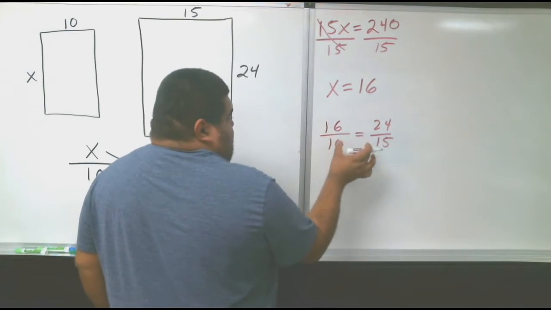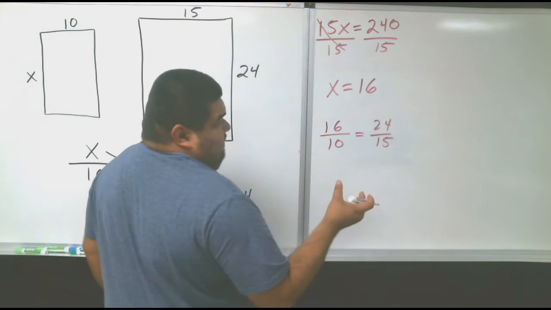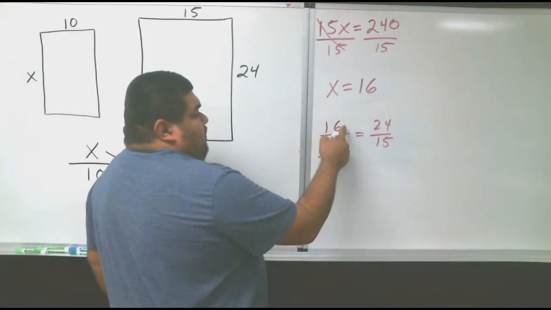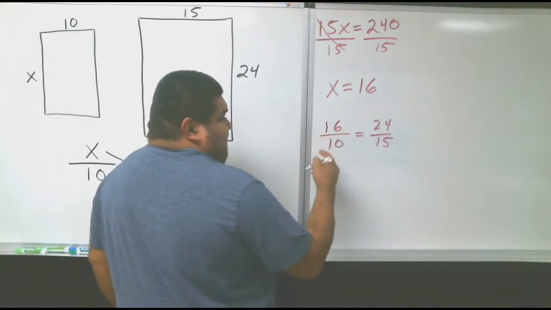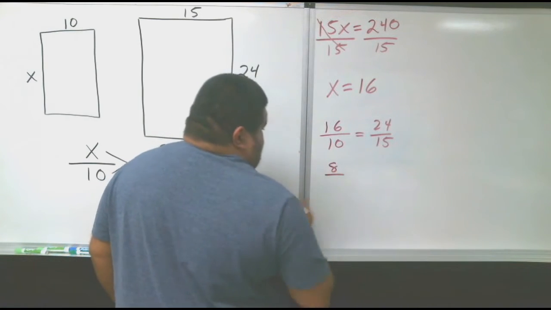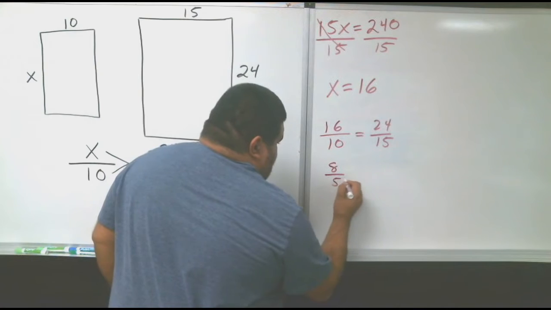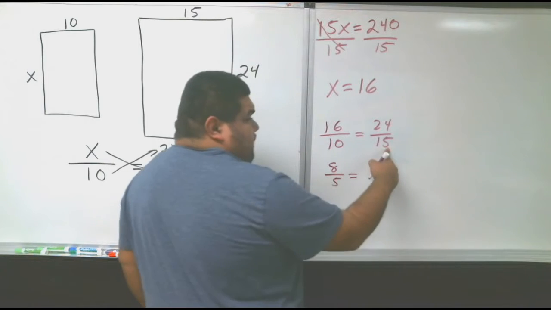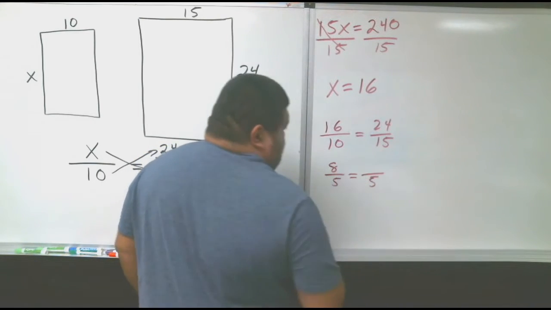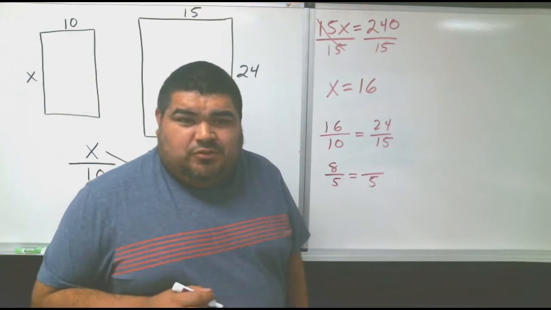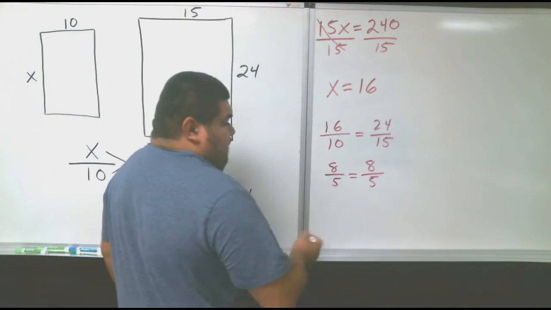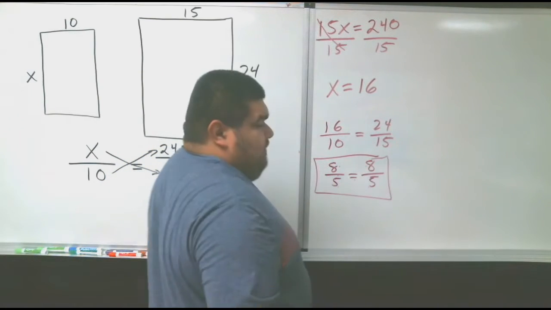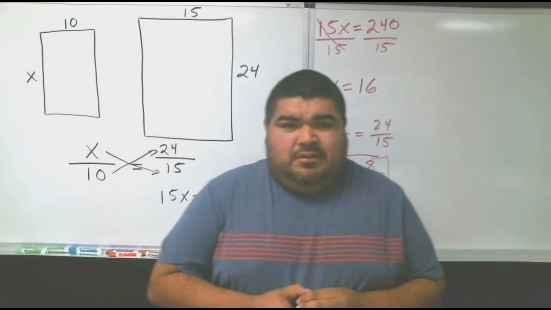We can reduce them. Both are factors of 2, so 16 divided by 2 is 8, 10 divided by 2 is 5, equals, since these two are factors of 3, 3 can go into 15 5 times, and 3 can go into 24 8 times. So notice that 8 over 5 equals 8 over 5. So these two are similar polygons.